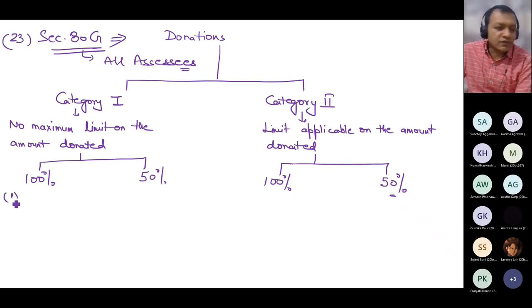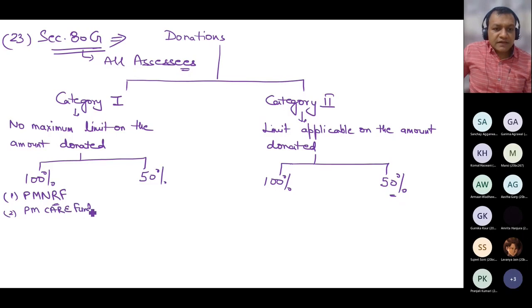In the 100% category, what you should learn is: Prime Minister National Relief Fund, PM Cares Fund, that was created last year in Corona, National Defense Fund, National Children Fund.